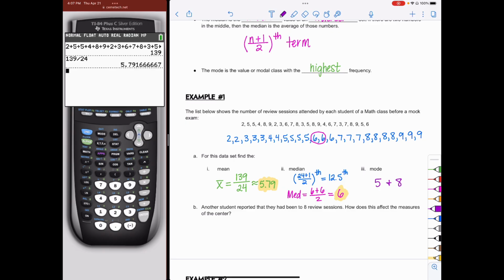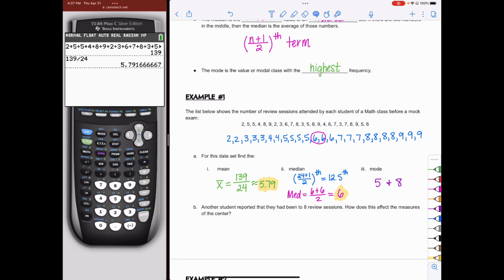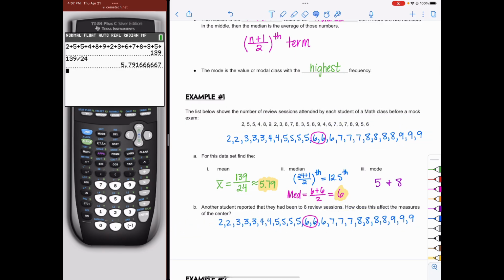How does this affect the measures of the center? They said another student reported going to 8 review sessions, so I'm going to have another 8 added in.